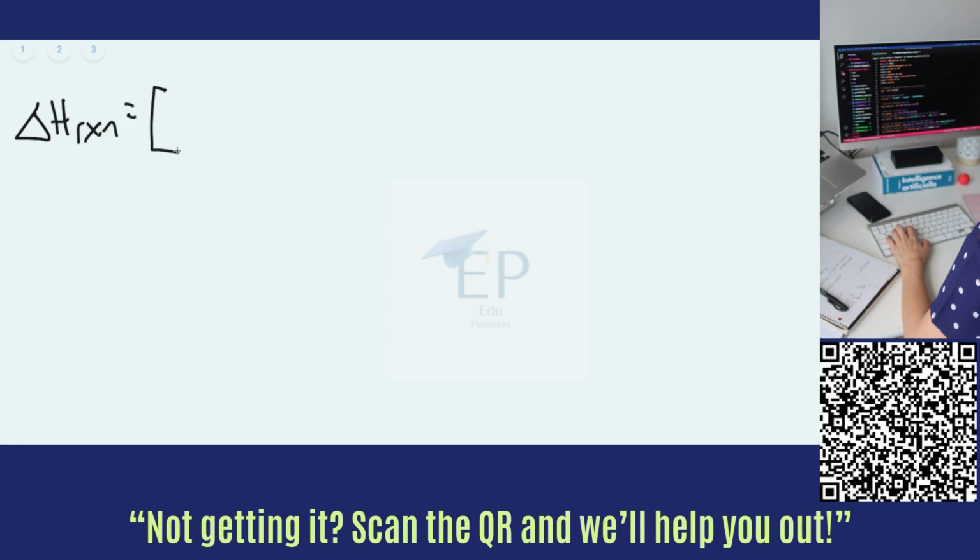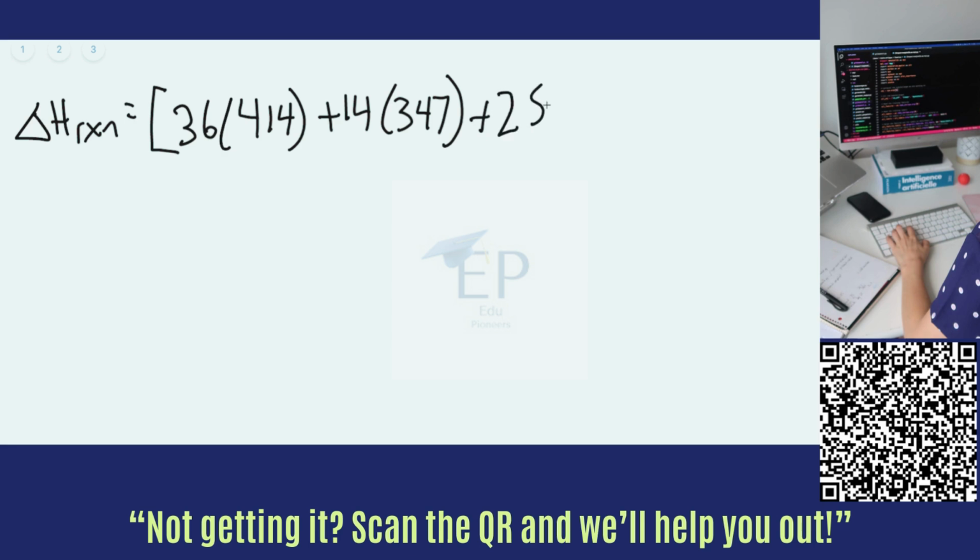We have 36 times 414, that is the bond energy of CH. Then 14 times 347 for CC. And then 25 times 498 for OO double bond.